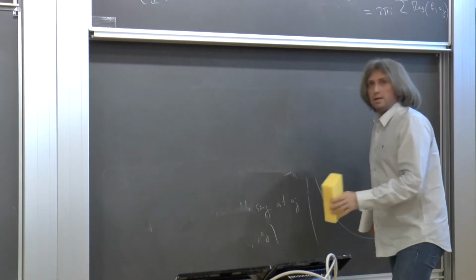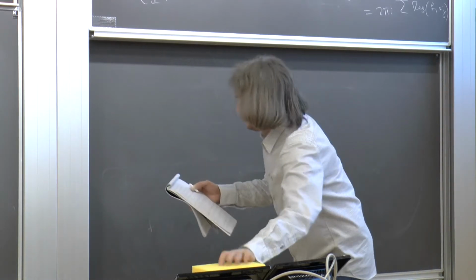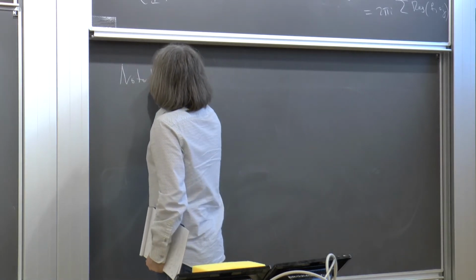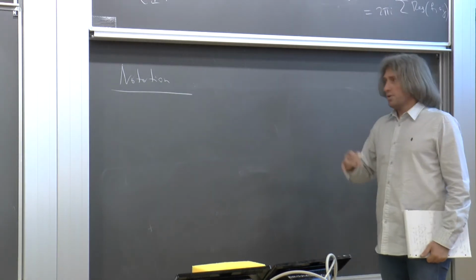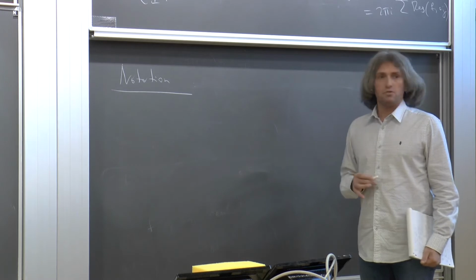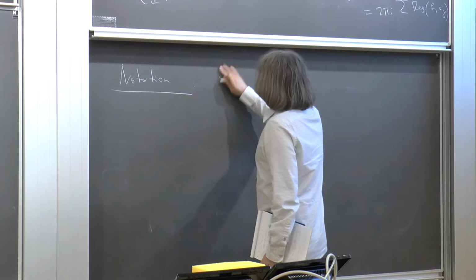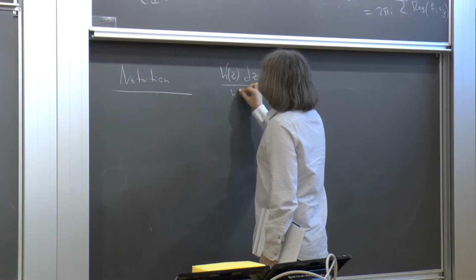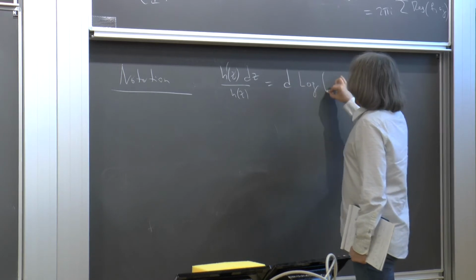I just want to introduce a notation. You'll see the notation will be suggestive, but I don't mean by it that I'm choosing any kind of logarithm. The notation is that h prime of z dz over h of z is called d log of h of z.